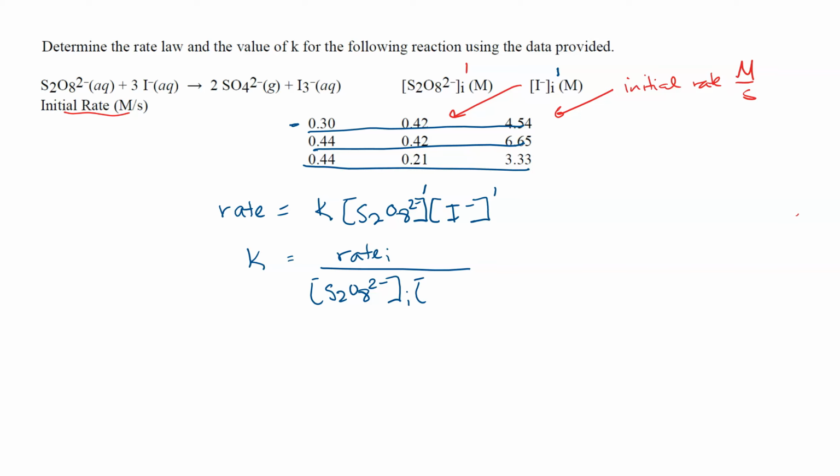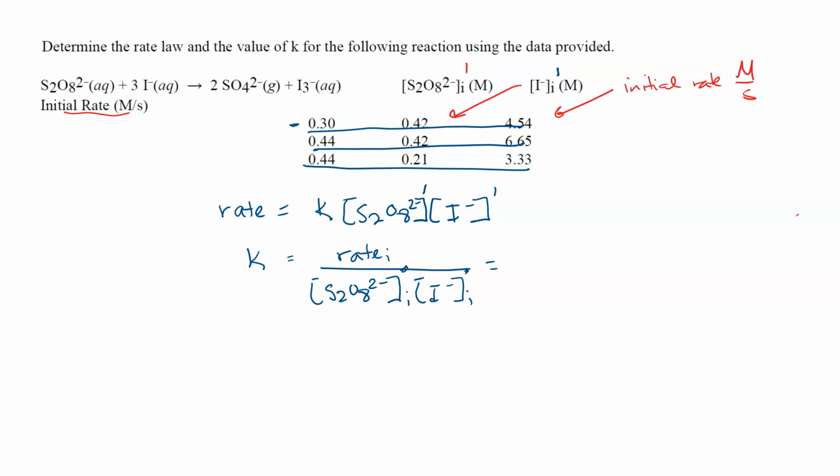Now, once again, these are all just first order with respect to each of these individual reactants. If these were second order, we'd have to include exponents here and here, but we don't need to because they're 1 in this particular case. So I'm just going to plug this in.